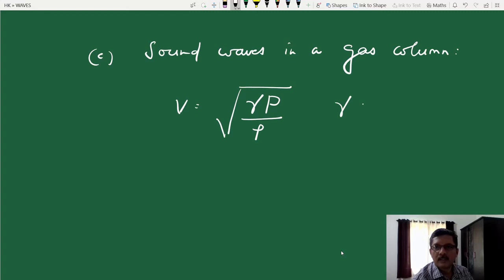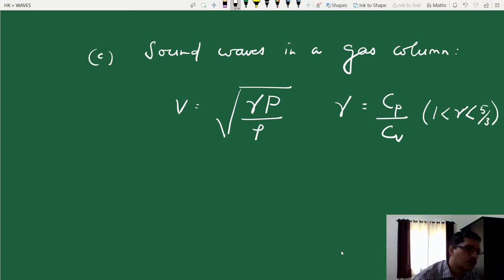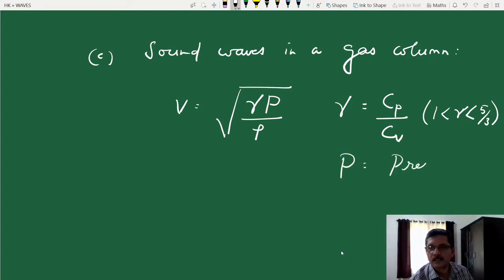Gamma, as you know, is the ratio of the specific heat capacity at constant pressure to that at constant volume, Cp by Cv. The value of gamma ranges between 1 and 5 by 3 for different types of gases. P is the pressure of the gas, and rho is the density of the gas.